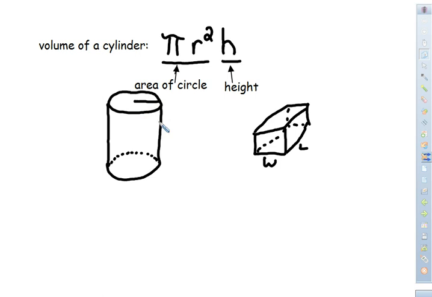So pi r squared is the area of one of the bases, and then you multiply it by the height, because that's going to give you the volume, just as they did here. We multiplied by the height, which filled up this container. Same thing here. We find the area of one of the bases and then the height to fill the container up. That's where all of this formula comes from. So pi r squared times the height.